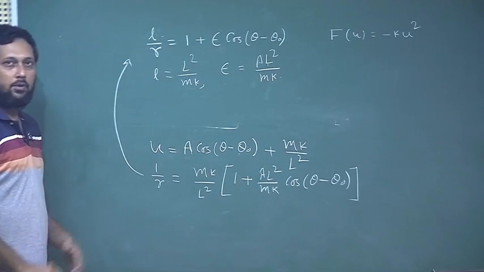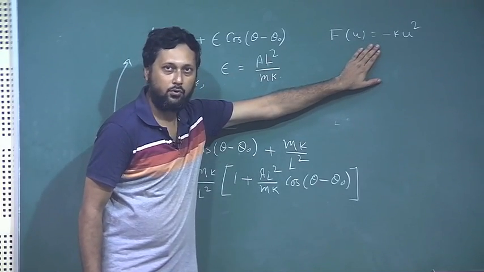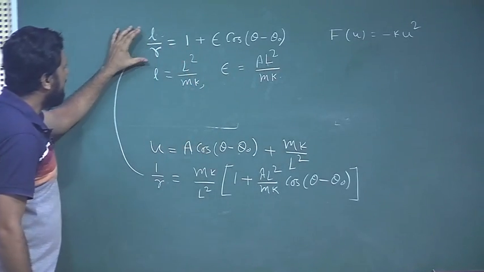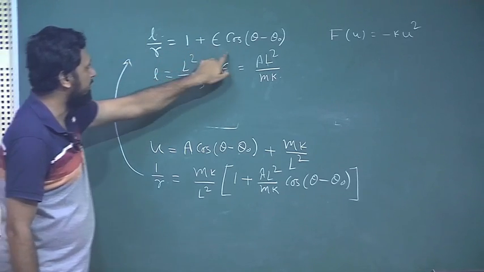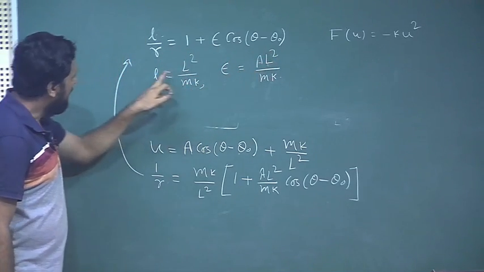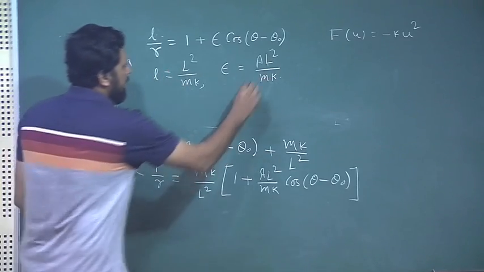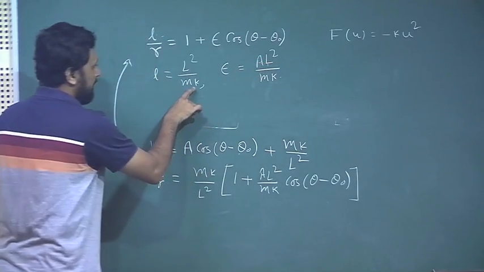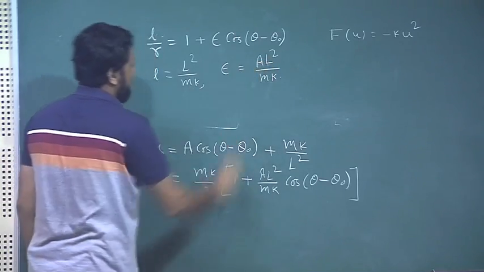So, we see that the solution for this particular law of force in general can be reduced to a form which is given as L by R equal to 1 plus epsilon cos(theta minus theta 0), where L and epsilon are two constants which depend on the angular momentum, the force constant k and some arbitrary constant a.